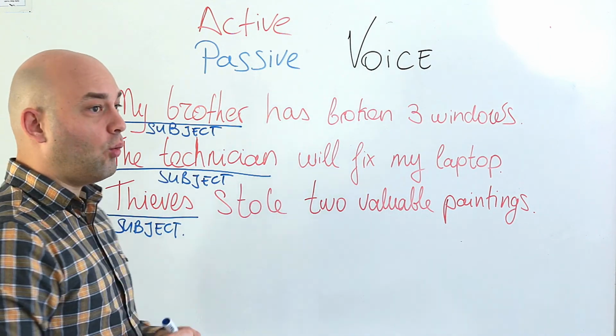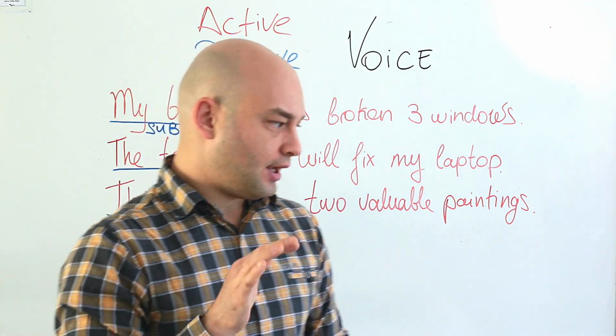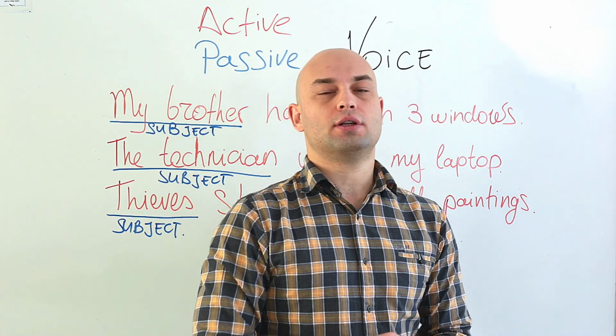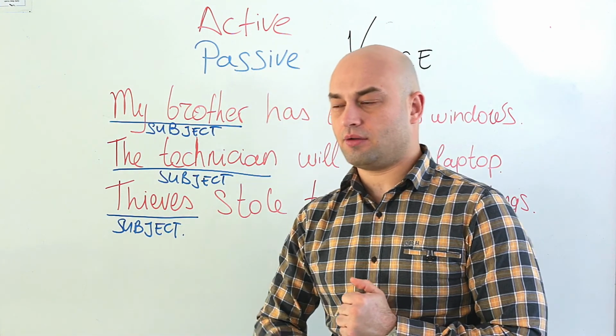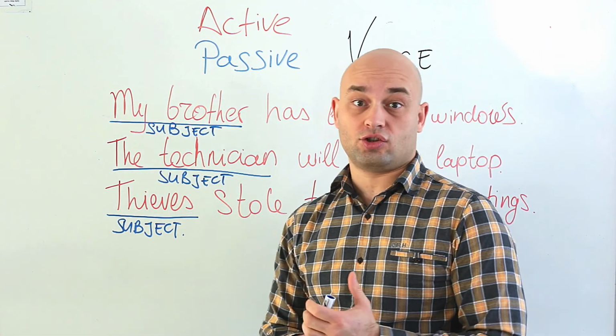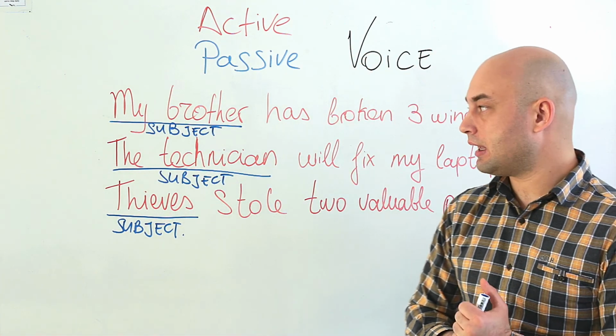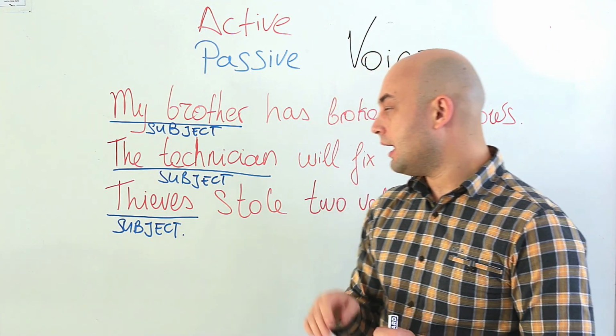Okay, so why am I underlining the subject? Why is that important for us? If you're a school student or studying the language formally, you know the subject is the person or the thing that is doing an action in a sentence. That's like the protagonist of your sentence, okay?